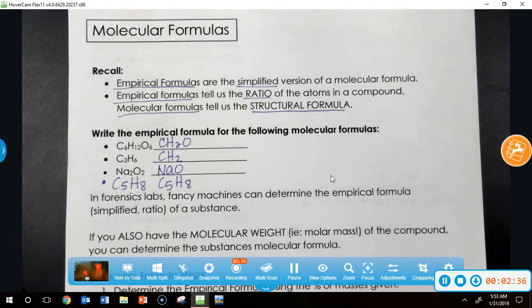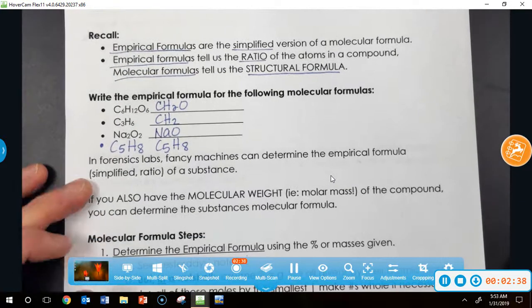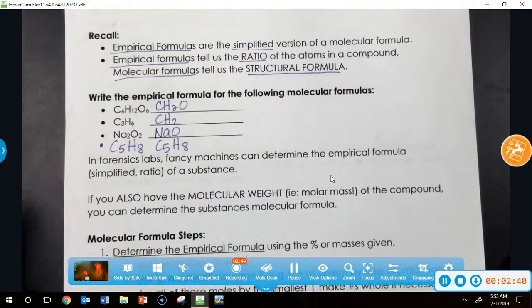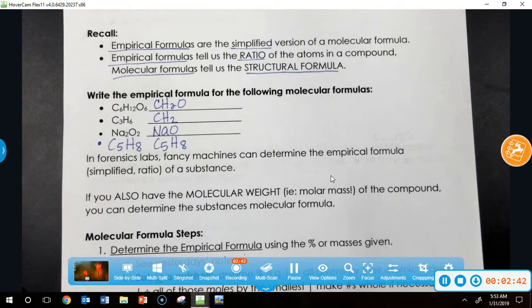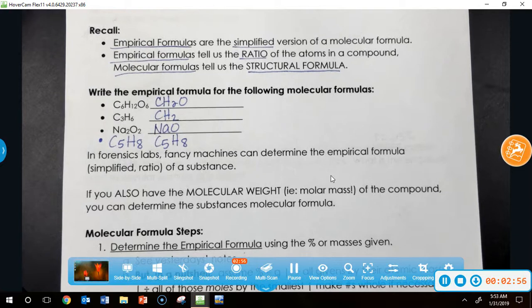Okay? So in forensics labs, fancy machines can take a substance and analyze it and give you the ratio of atoms in that substance. So it will basically tell you the percent composition of a compound. Okay, that's what we did on Wednesday.